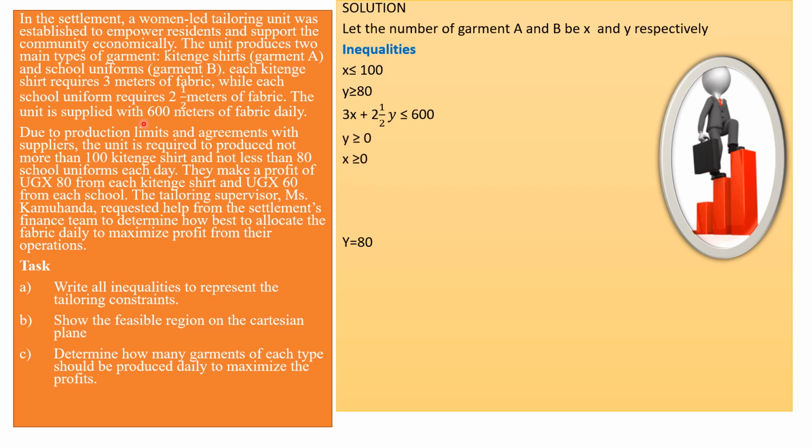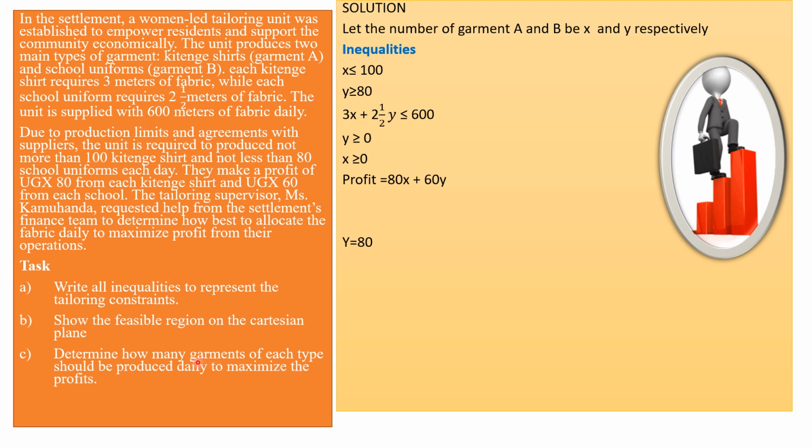Then we have also non-negativity constraints because we cannot produce negative school uniforms and negative shirts. You may produce 0, and even all you produce from that is greater than 0, 1 and above.